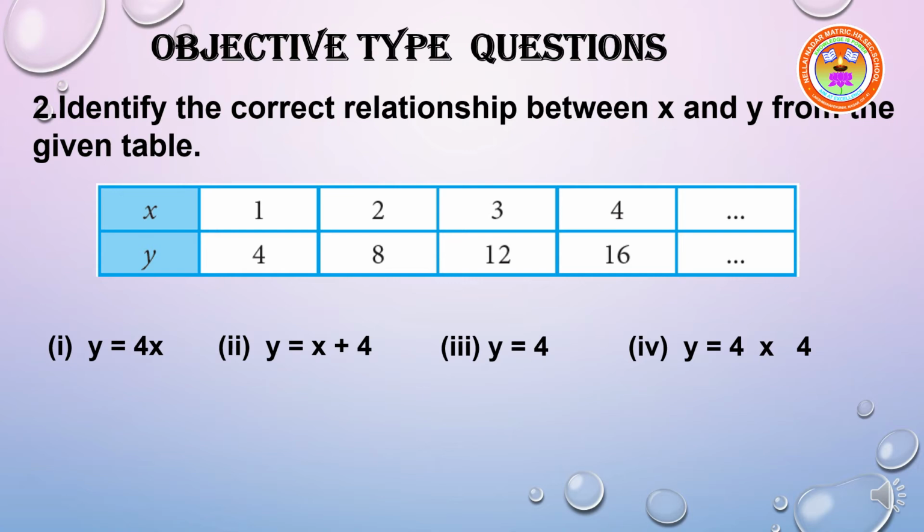Here in the place of x, we are going to substitute 1. So y is equal to 4 into 1. What is 4 into 1? 4 ones are 4. So the value I am getting for y is 4. Yes? So here the first corresponding y value is 4.